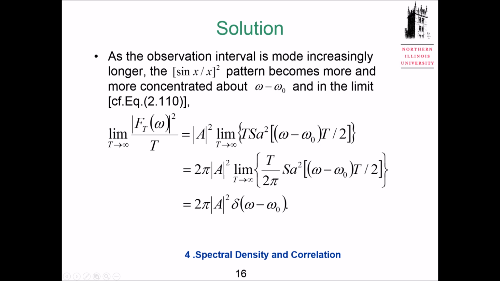Those two methods you can use, but we have a more popular way we will discuss very soon towards the end of this chapter. We are going to use the correlation method to find the power spectral density, which is more generally used.